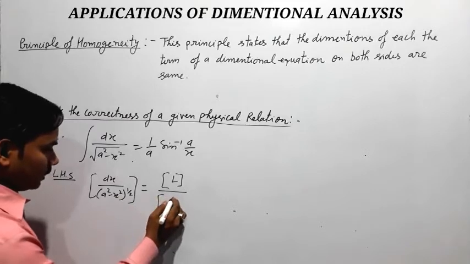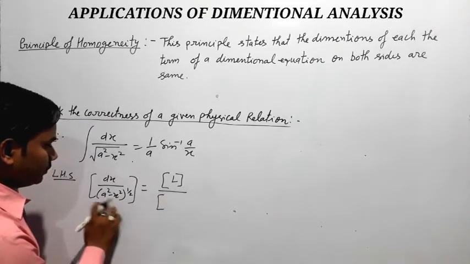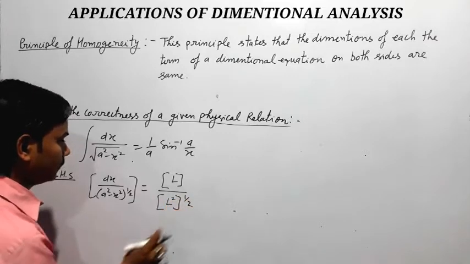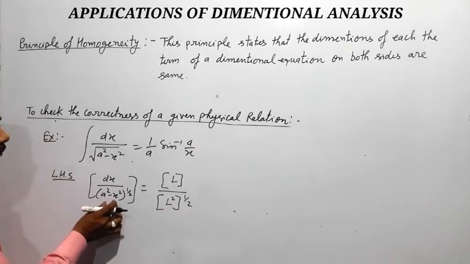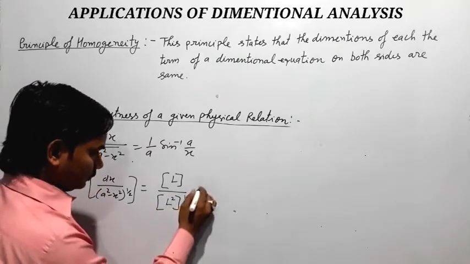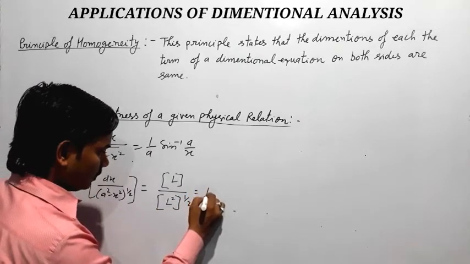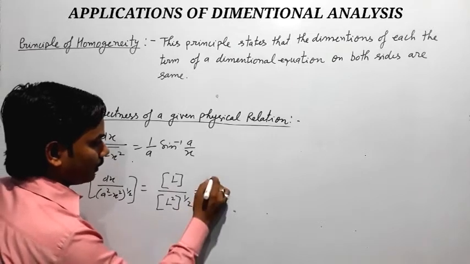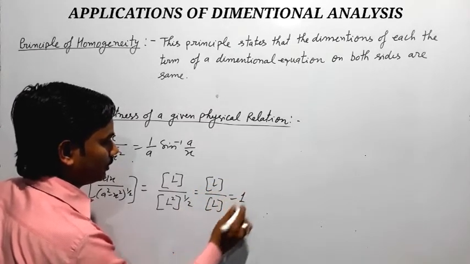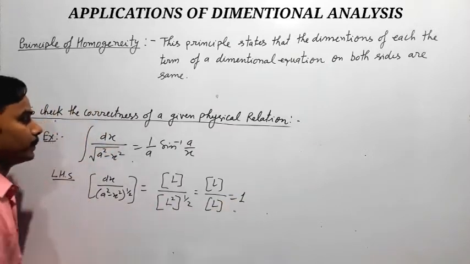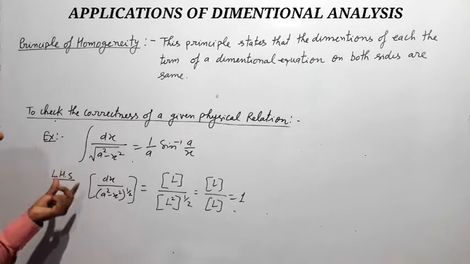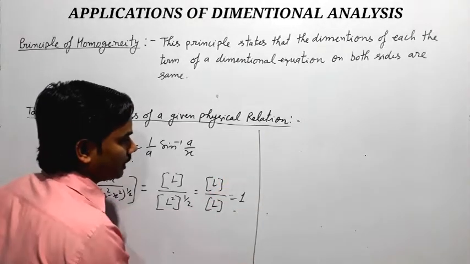So the dimension of this term will be written as L square to the power 1 by 2, because we write here only the dimension of one term. So this will be L divided by L, so the dimension of this is 1. We can say that the left hand side has no dimensions. This is a dimensionless term.